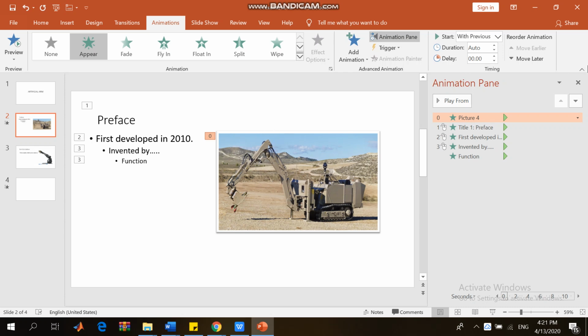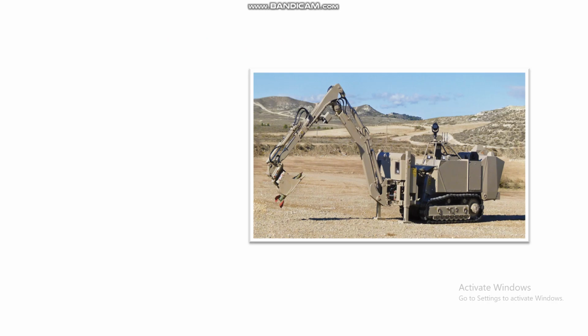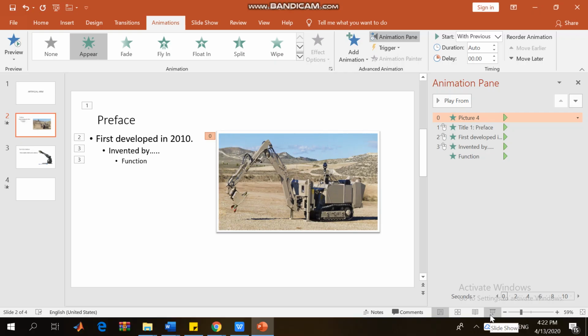So as the slide number 2 opens, the picture will automatically come. Let us go to the slideshow and check it. This is the first slide. I go to the second slide and I have this picture in front of me as soon as the slide starts. Okay, so we now know how to use the animation pane.